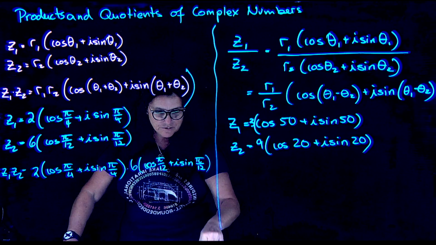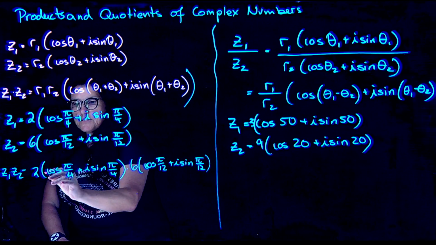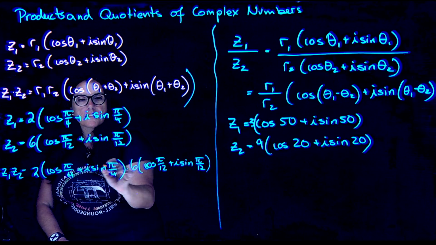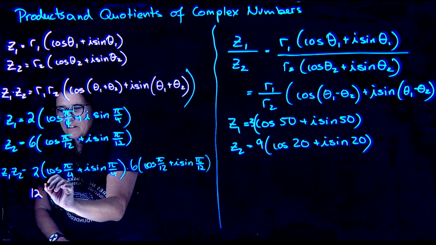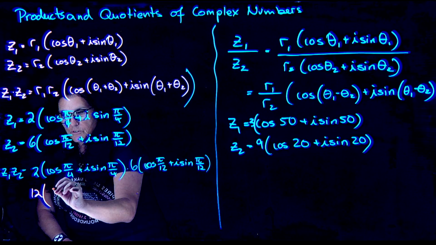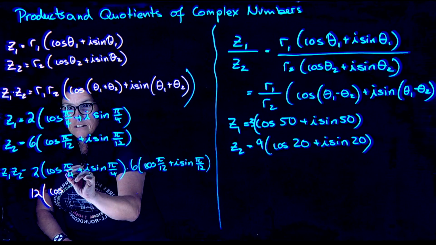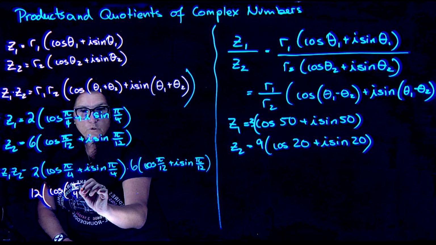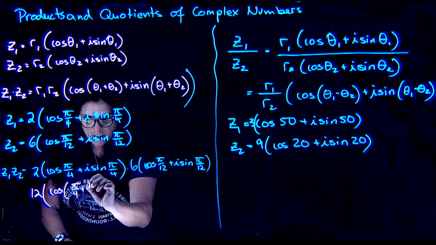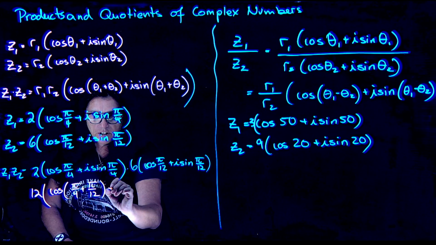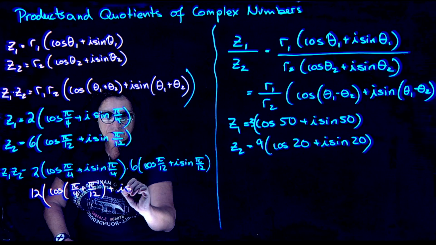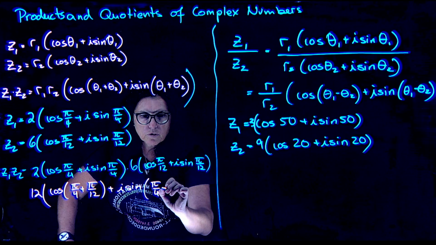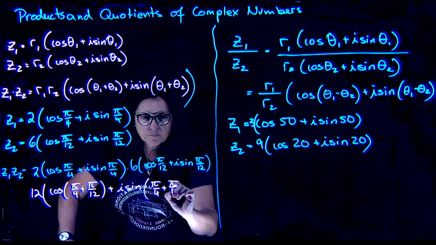I'm going to try to write a little faster. So what I can do is R1 times R2, which in this case 2 times 6 is 12. And now I'm going to have the angles that I need to add: cosine of pi over 4 plus pi over 12, plus I sine of pi over 4 plus pi over 12.